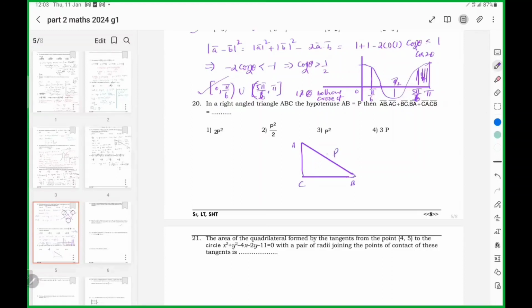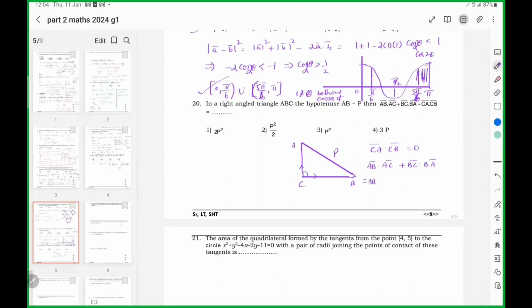AB length is given as P. Here CA dot CB, these two vectors are perpendicular, so it is 0. AB dot AC plus BC dot BA.